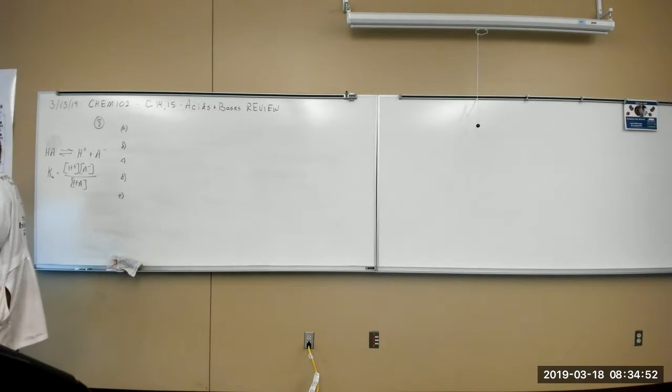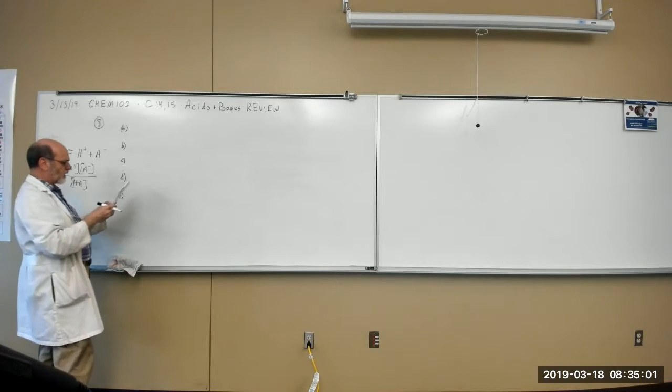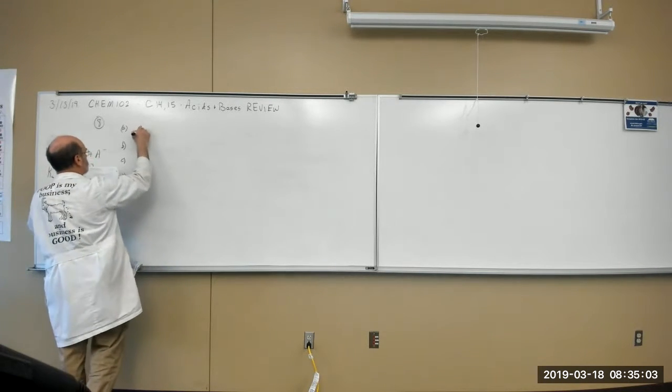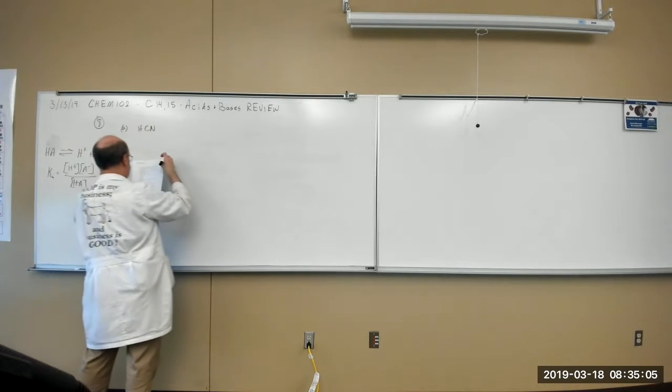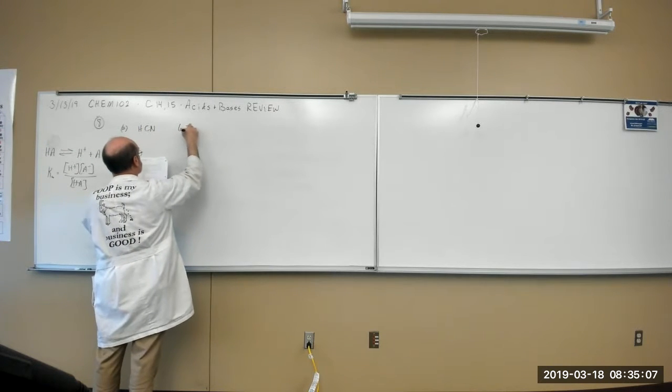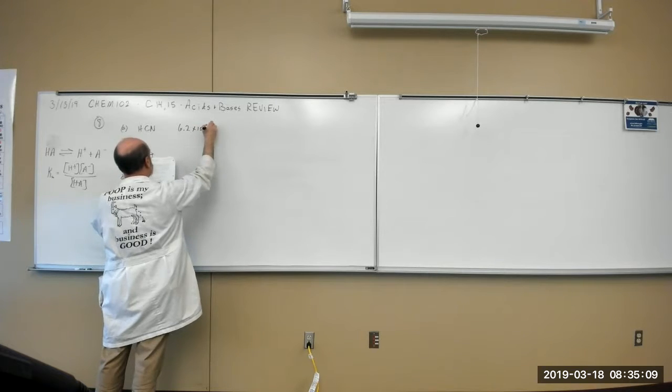When you're talking about strength of an acid, concentration doesn't matter. It's only the Ka. So for HCN, we have 6.2 times 10 to the minus 10.